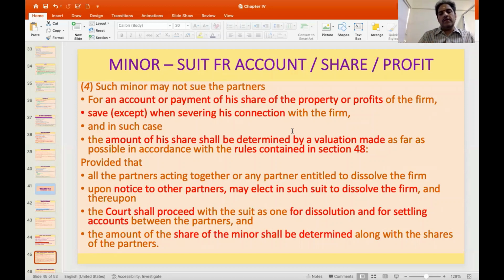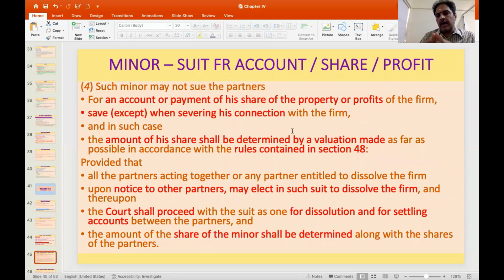That is what is discussed in subsection 4, which says such a minor may not sue the partners for an account or payment of his share of the profits or share of the property of the firm. When can he do that?